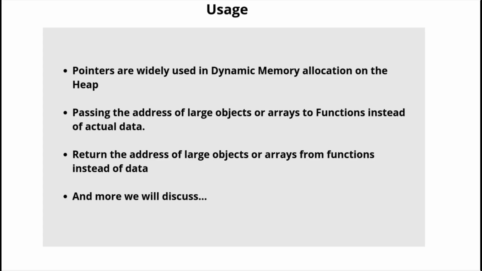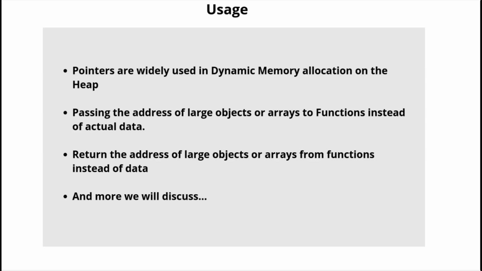So you have an array and you have to call a function which does some processing on that array. Instead of passing the entire array as a function argument, which is not possible most of the time, you can pass a pointer to that array to the function so that it can access the array using the pointer.